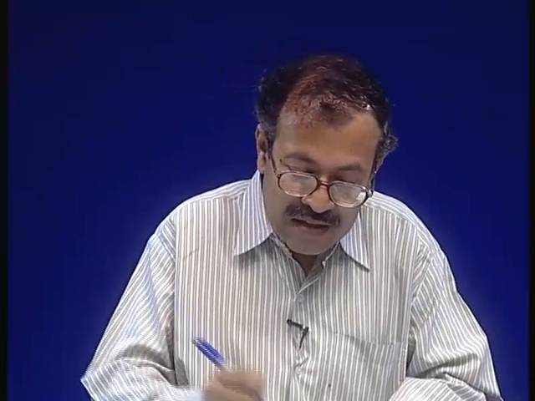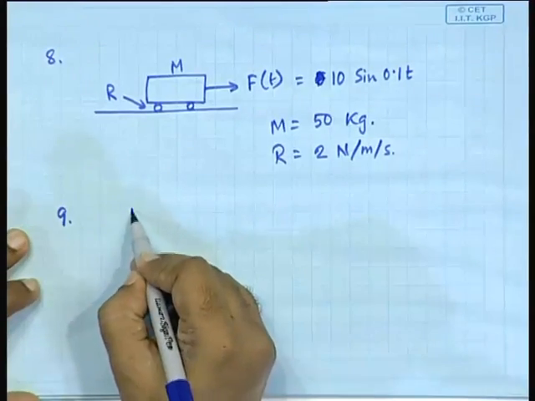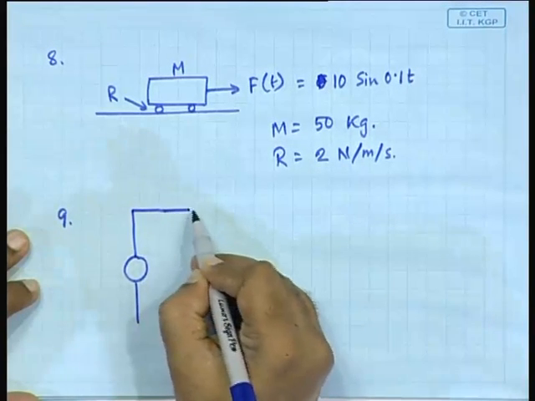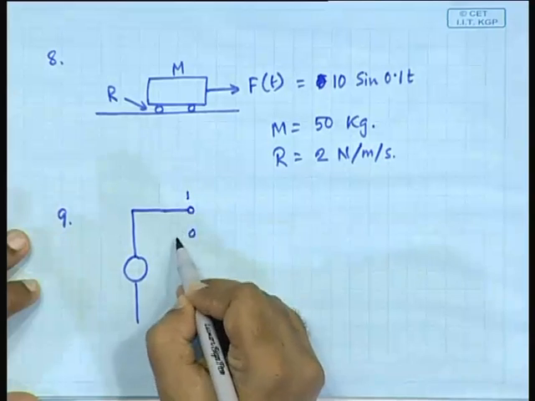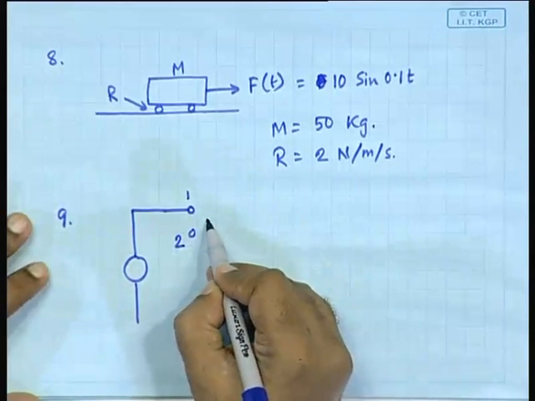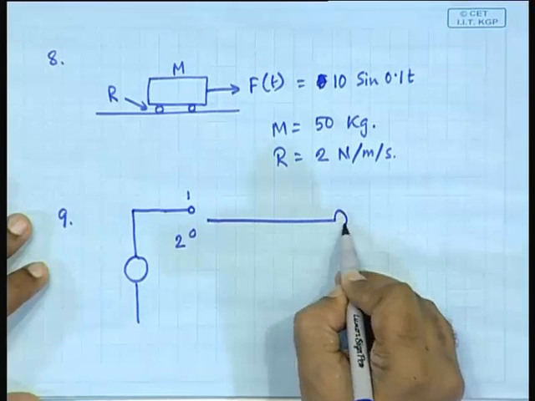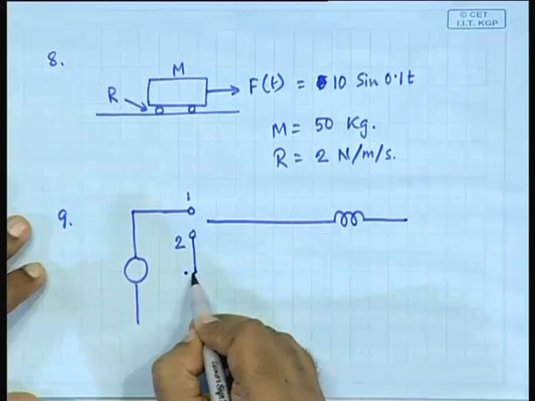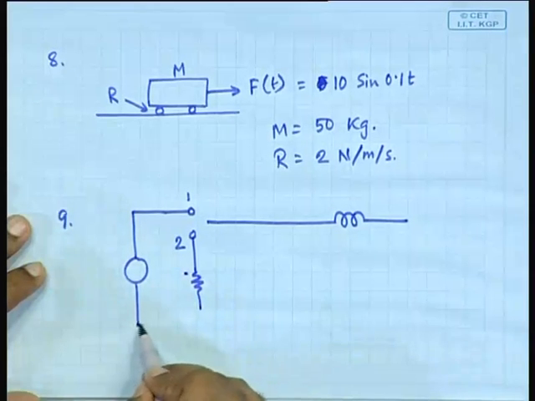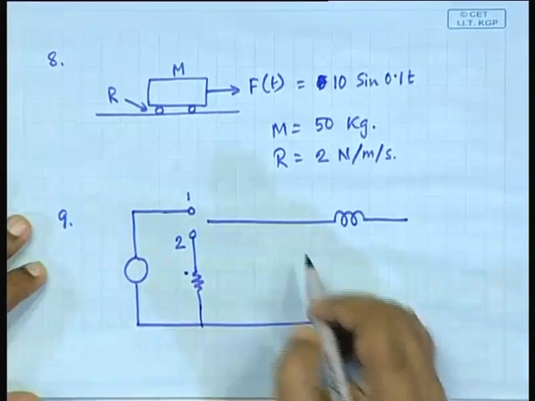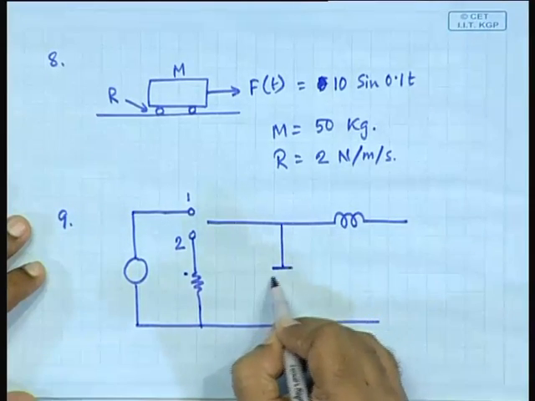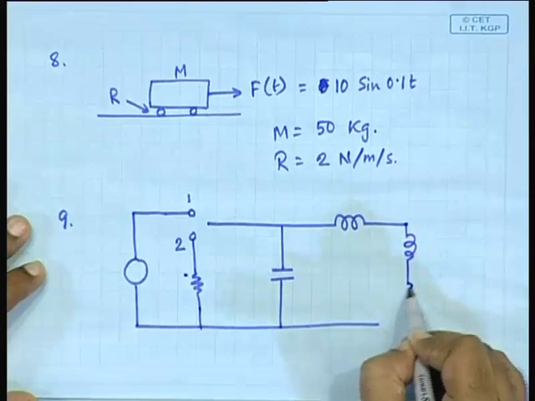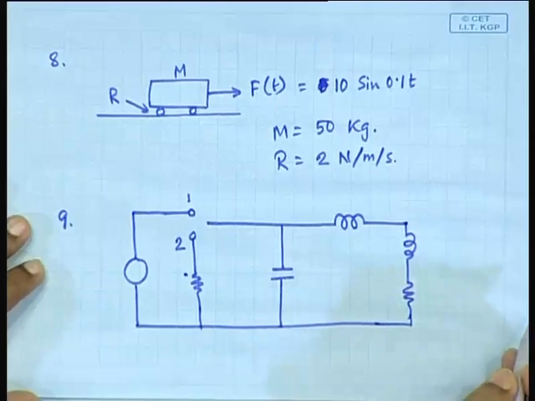Last, you have an applied voltage, you have got two positions 1 and 2, and this point could either be in 1 or 2, and here there is a capacitor and here there is another inductor and resistor.